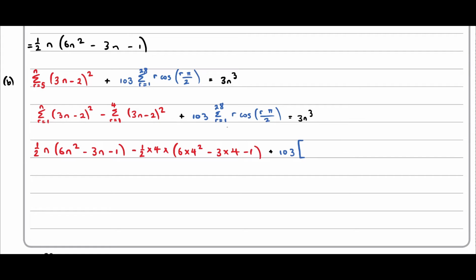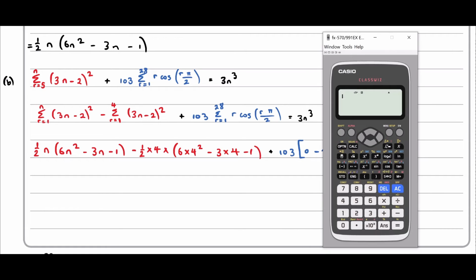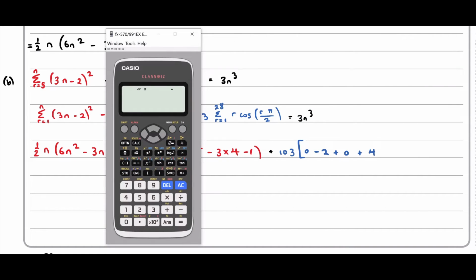this bit in blue. Now, when r equals 1, we have 0, because then we have cos of pi over 2, which is 0. And then when r equals 2, we end up with minus 2. When r equals 3, we have 0. When r equals 4, we have 4. Now essentially, if I get a calculator, it might make it easy to understand.